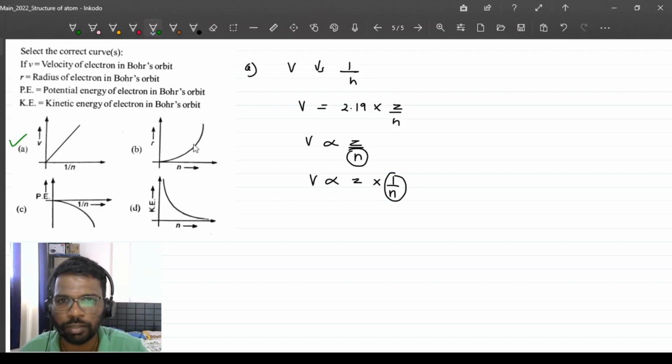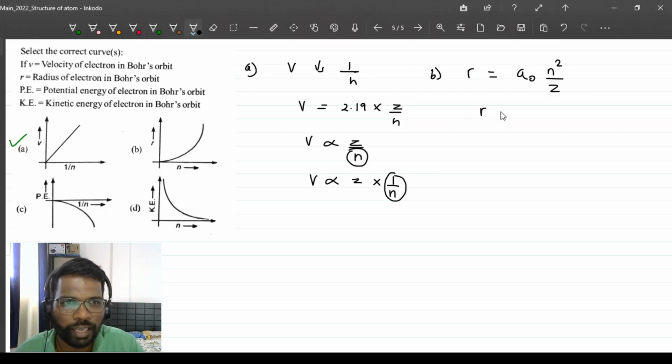Next is radius. Okay, second is radius. So curve B says that radius is given as a naught into n square by z. What I can say is that radius is directly proportional to n square by z.